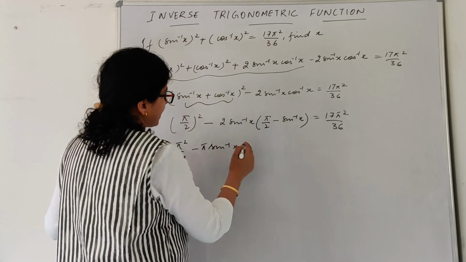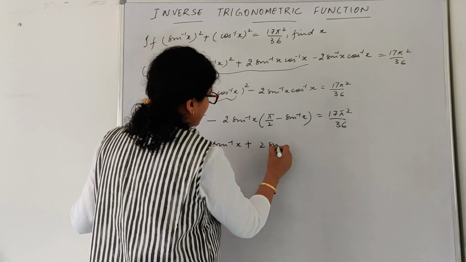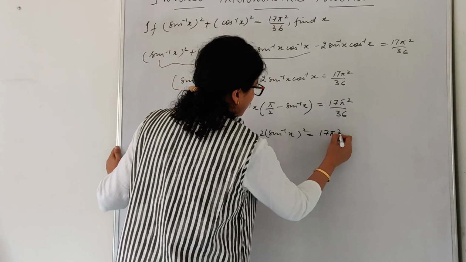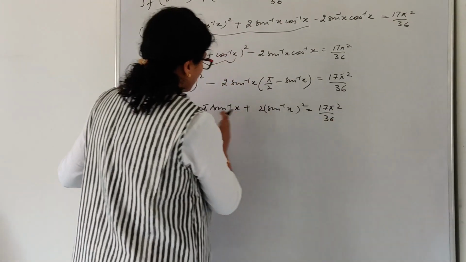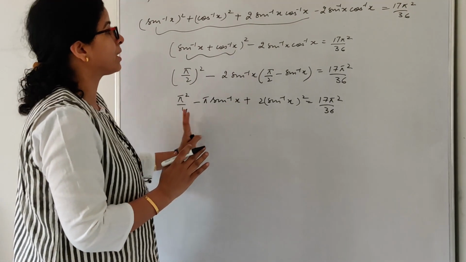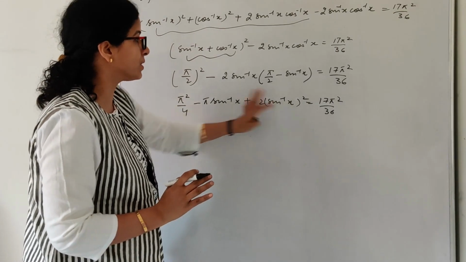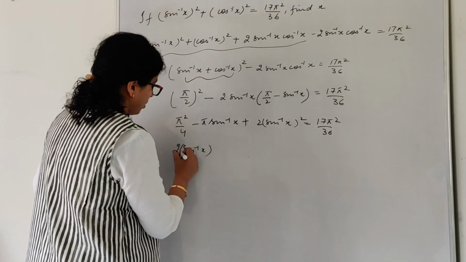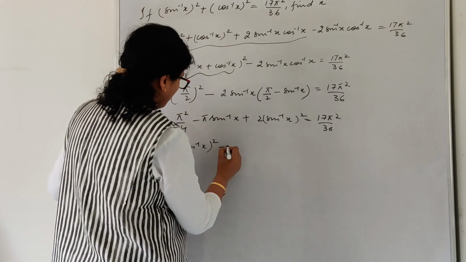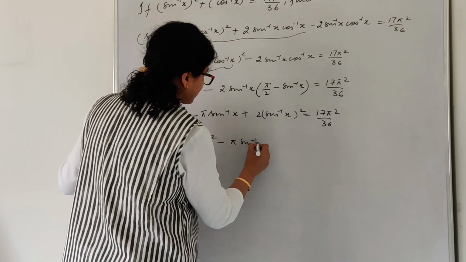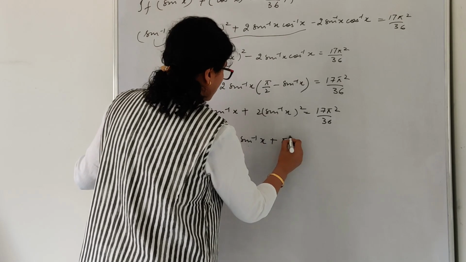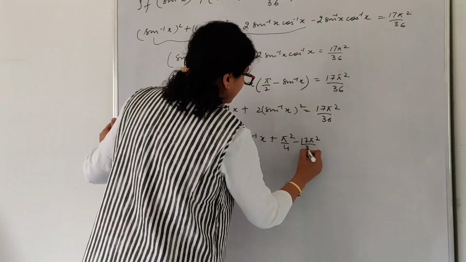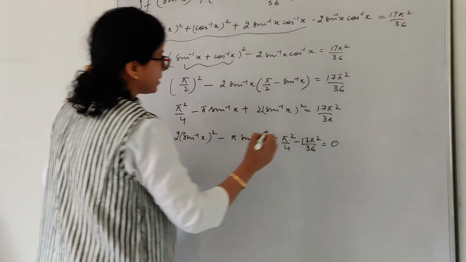This 2 and 2 will get cancelled, plus 2 sine inverse x whole square equals 17 pi square by 36. Now I am going to shift everything to this side and make it a quadratic equation in sine inverse x. So 2 sine inverse x whole square minus pi sine inverse x plus pi square by 4 minus 17 pi square by 36 equals 0.